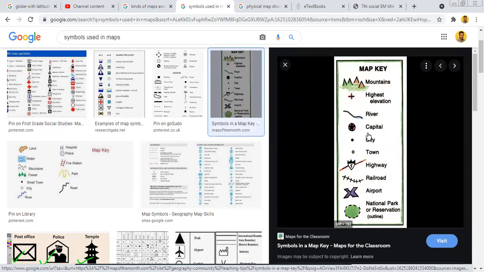Capitals or cities, we show with a dot. Towns and highways, railway tracks, airport, national parks. For every object, we have one symbol. So we use those symbols to show those physical objects on the map.